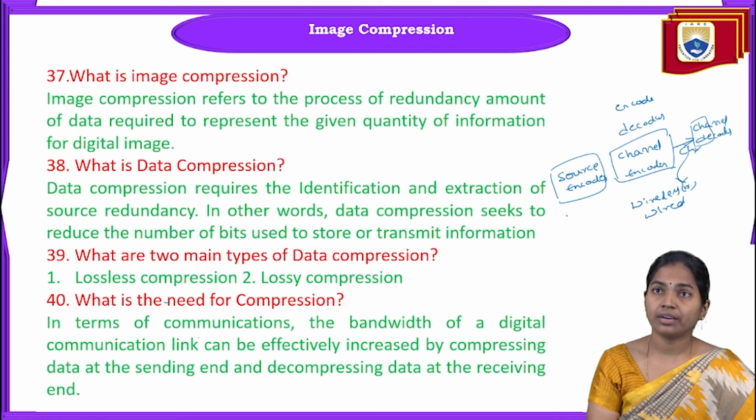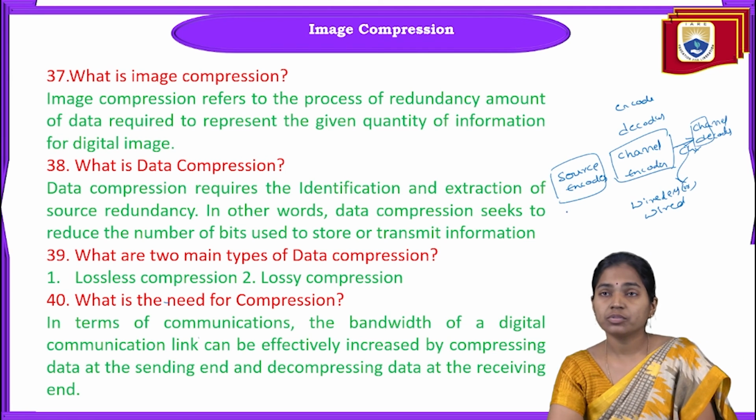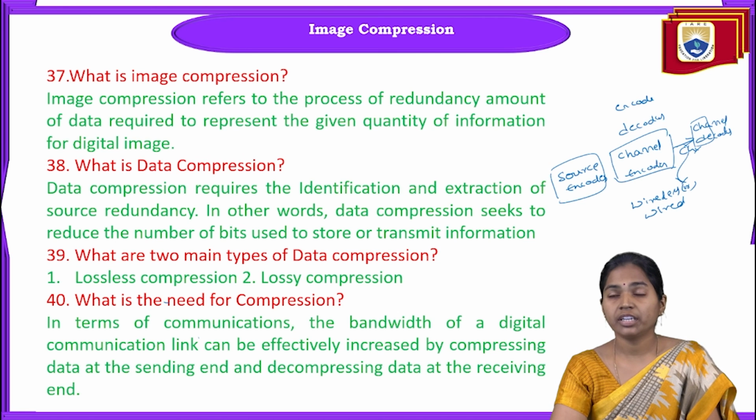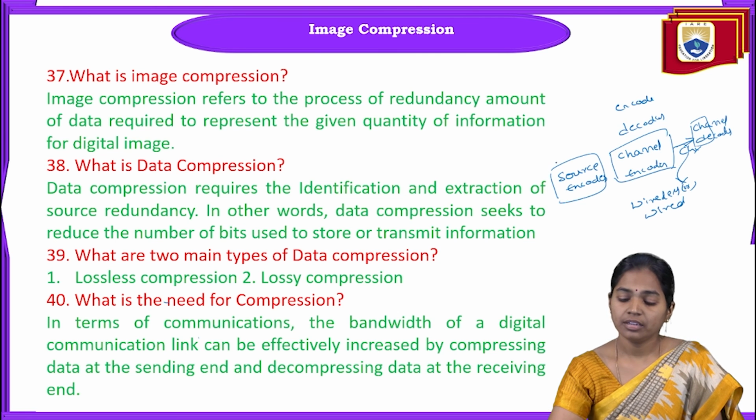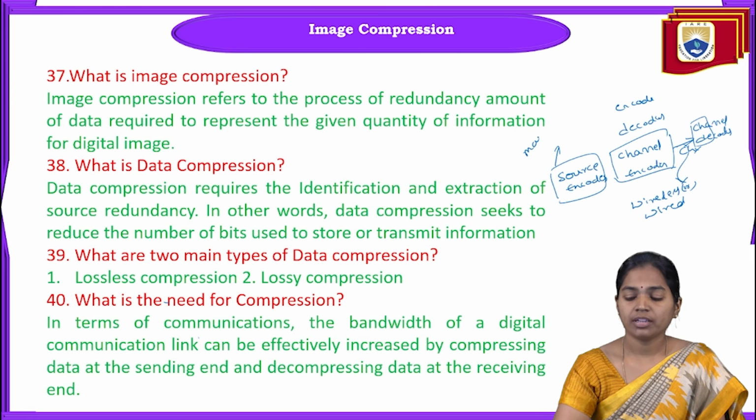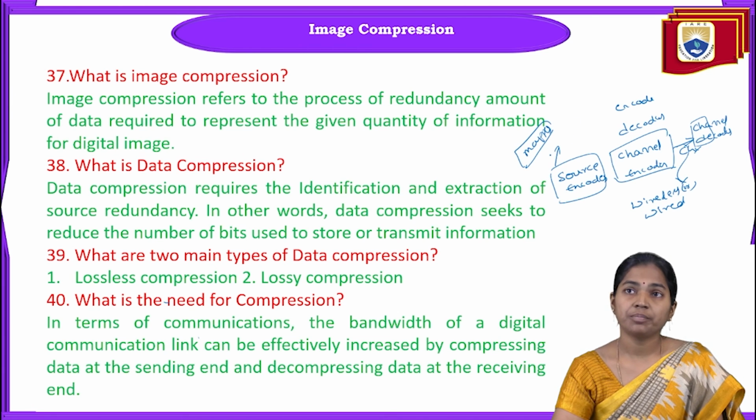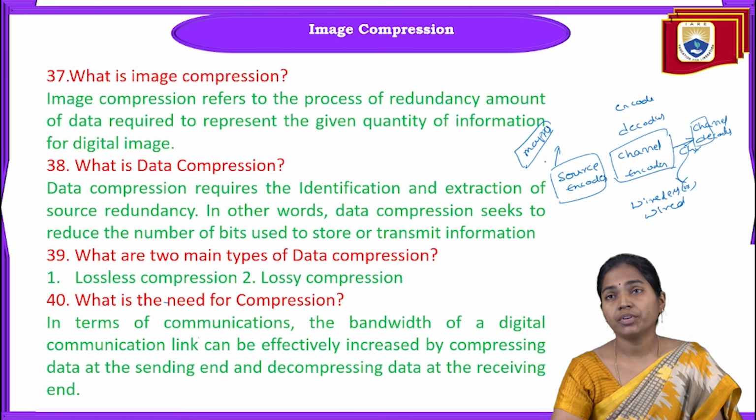In the source encoder, different types of encoding techniques are used. What are the basic blocks? Mapper, quantizer and source encoder. In the mapper we use interpixel redundancy, with which we can compress the data.